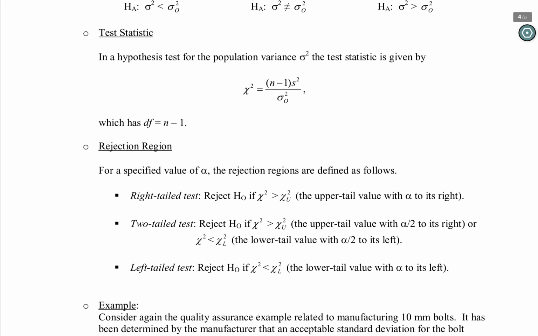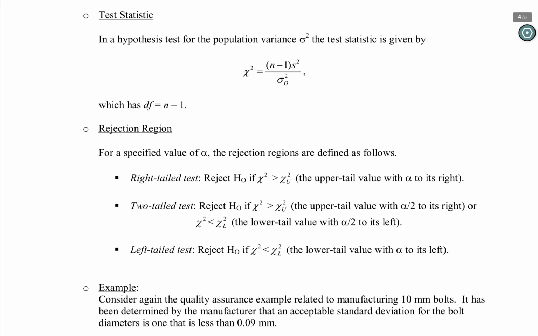The test statistic for us is that ratio, what some call a pivot quantity, that we looked at in the theorem that was used to develop the confidence interval formula for sigma squared. What we do here is take n minus 1 times s squared over the null hypothesized value of the population variance, sigma naught squared, and that is our test statistic.